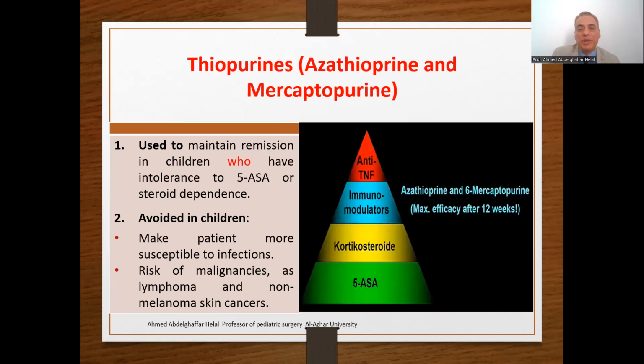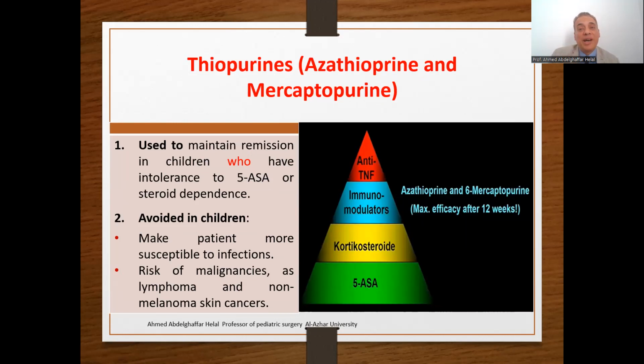The third group is immunomodulators, azathioprine and mercaptopurine. These drugs are used to maintain remission in children who have intolerance to 5-aminosalicylic acid or steroid complications. However, they are generally avoided in children because, number one, they increase the susceptibility to infection.